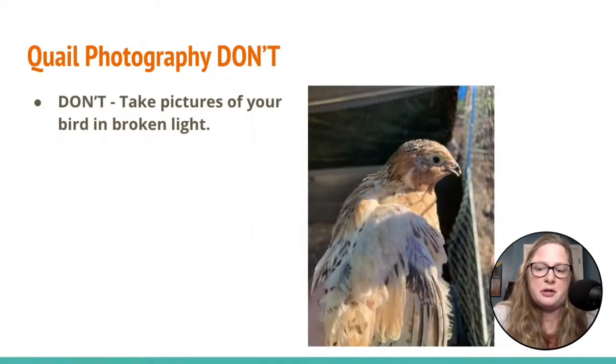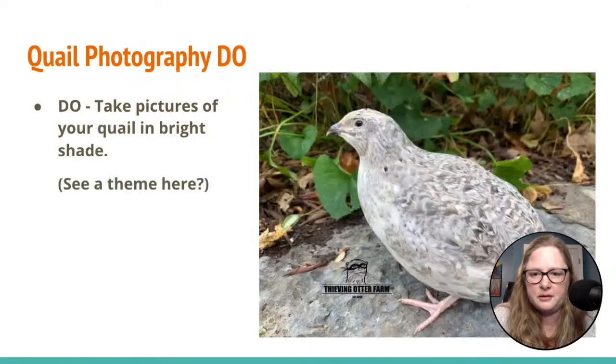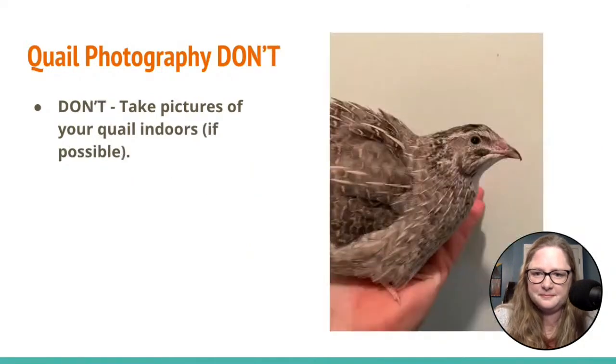Don't take pictures of your bird in broken light. You see here that part of this cage is casting a shadow across the bird. If we're doing color and sex ID, it makes it a lot harder if the light isn't consistent. Do take pictures of your quail in bright shade. And don't take pictures of your quail indoors if possible.